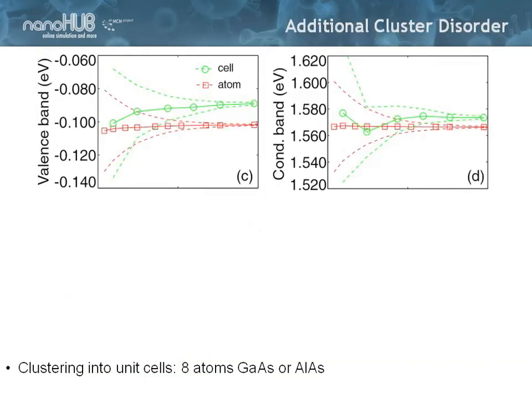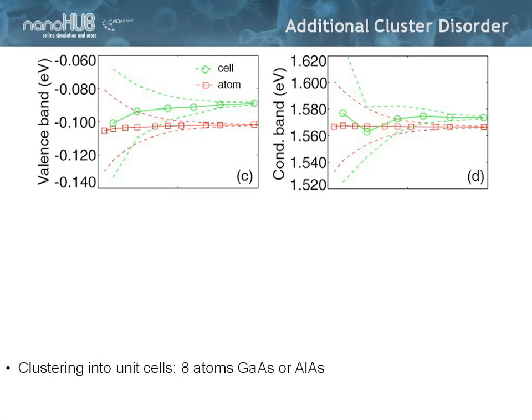Finally, there's something called clustering. It can be explained roughly like this: it's not clear that you have a homogeneous alloy, but you could assume that you have some local clusters of aluminum arsenide and gallium arsenide, rather than a completely homogeneous system. The simple way to do this in NEMO 3D is to construct my geometry unit cell by unit cell.